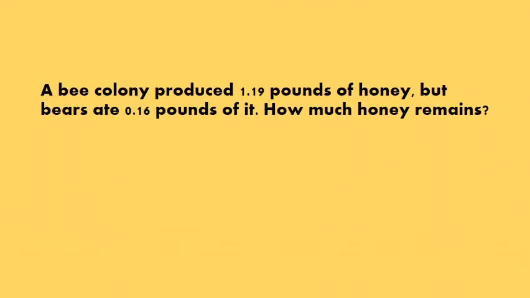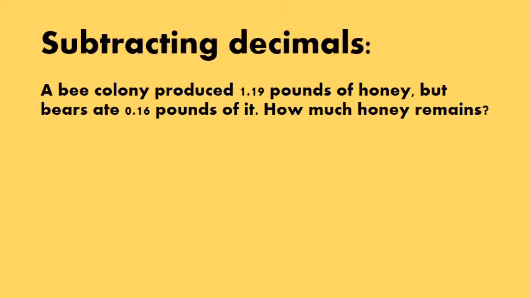Now let's move to subtraction of two decimal numbers. A bee colony produced 1.19 pounds of honey, but birds ate 0.16 pounds of it. How much honey remains? So they produced a total of 1.19 pounds of honey, and the birds ate 0.16 pounds of honey.